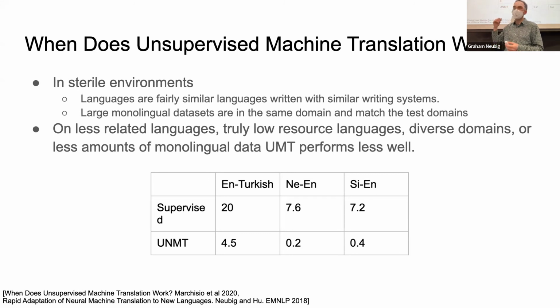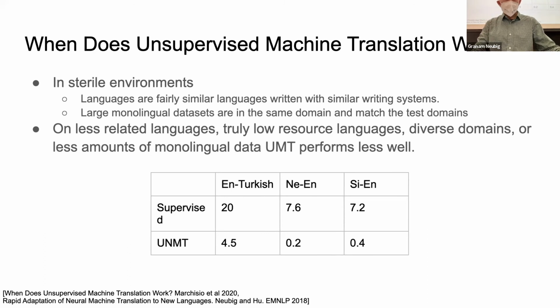So in this particular case, they were using data from the European Parliament. And the data in the English and the French, or the English and the German, was from exactly the same distribution. And that really helps in inducing the lexicon or doing translation.